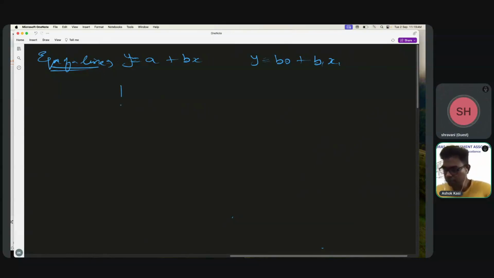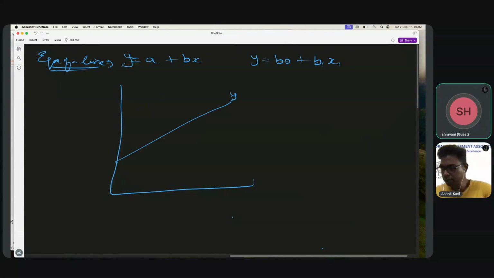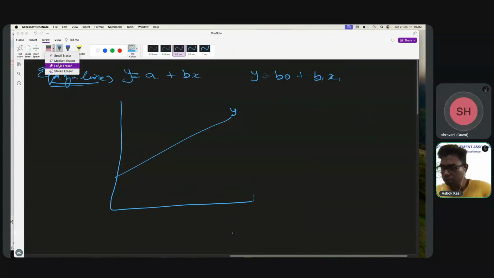Say for example, if I draw a line like this, this is y.